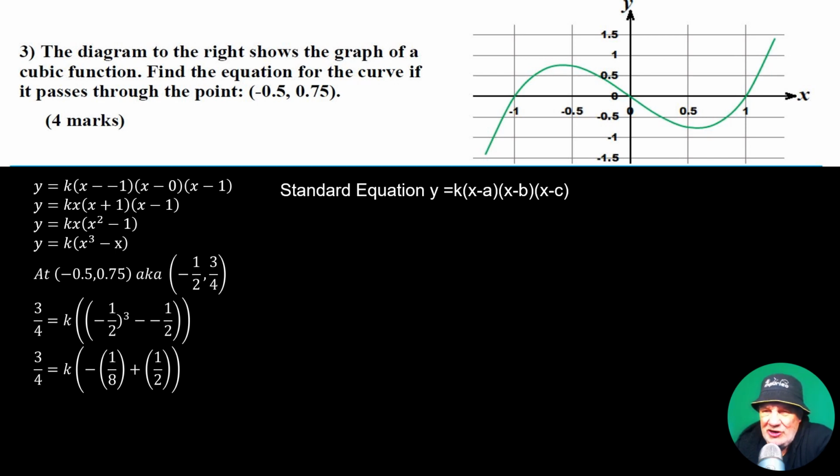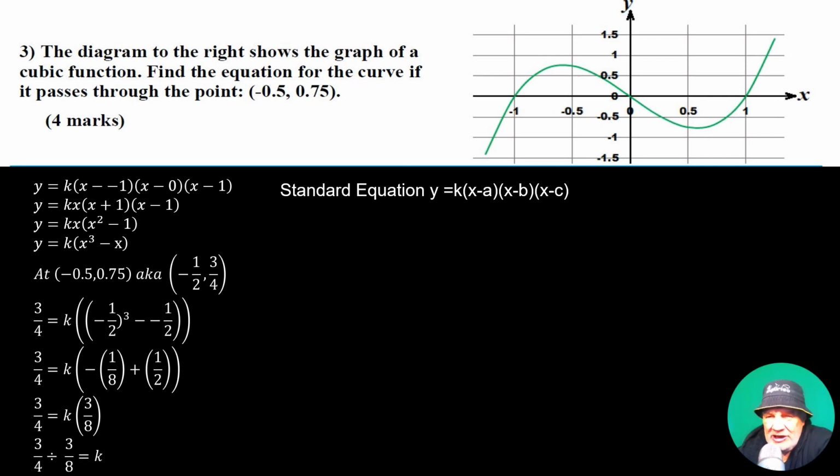So that's -1/8, because 1 cubed is 1 and 2 cubed is 8, plus 1/2. So I can do that fairly easily in my head. 1/2 is 4/8, and minus 1/8 is 3/8. So there we go.